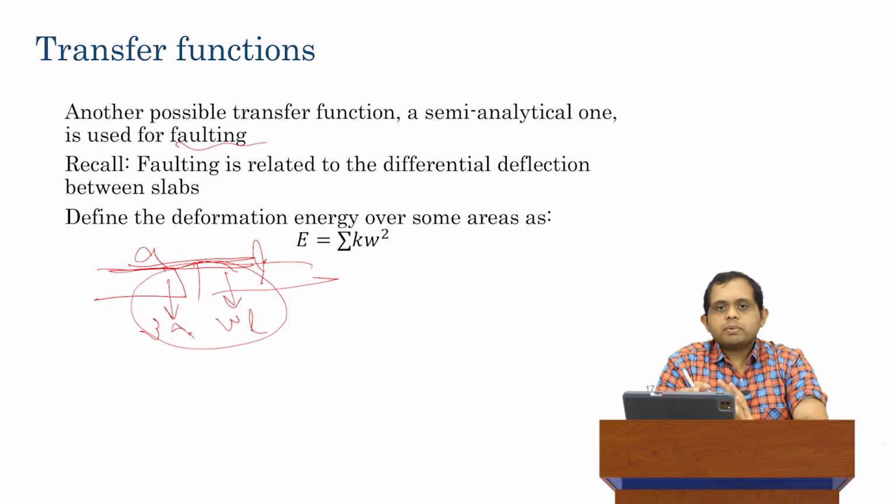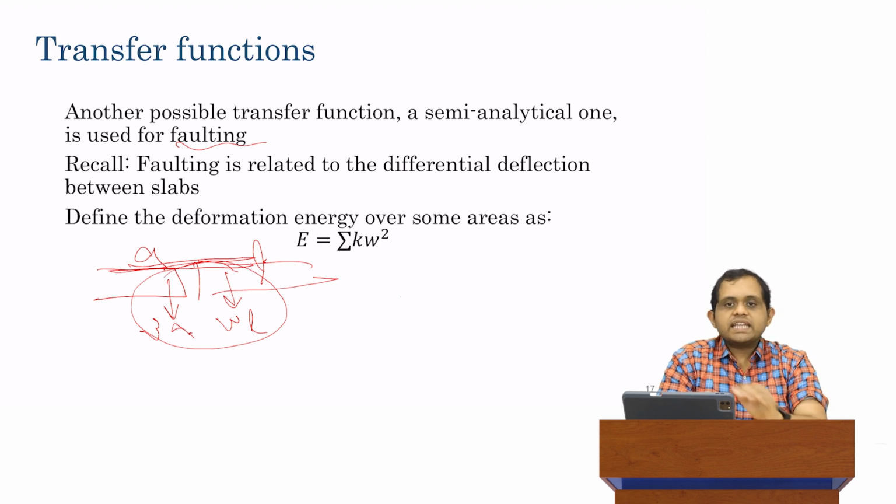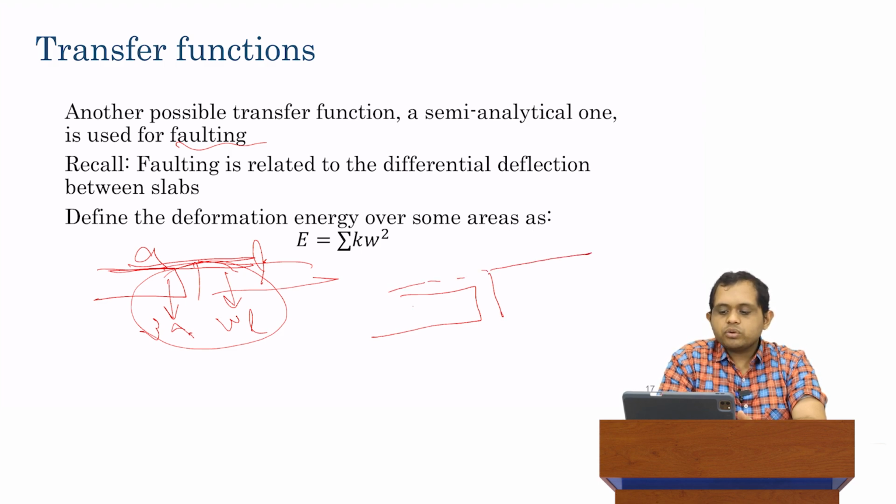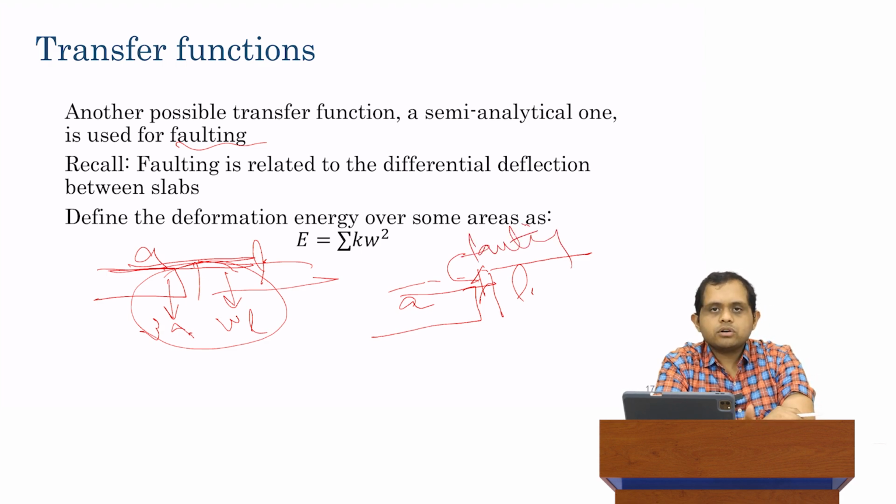Some plastic deformation has happened, so that even when I don't have a load, I have some differential deflection. So I have a built-in difference between the approach slab and the leave slab. This differential deflection is what we call faulting. That's just a reminder. Faulting is related to differential deflection between the leave slab and the approach slab.